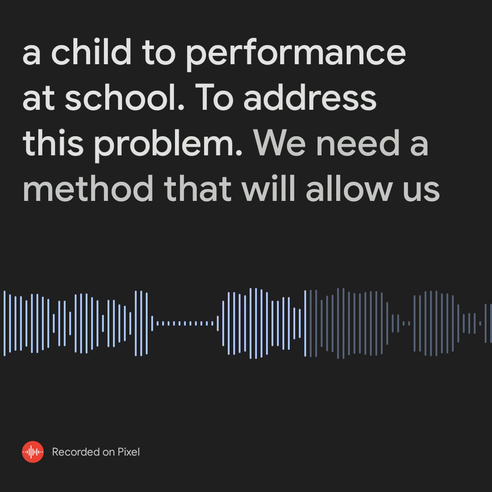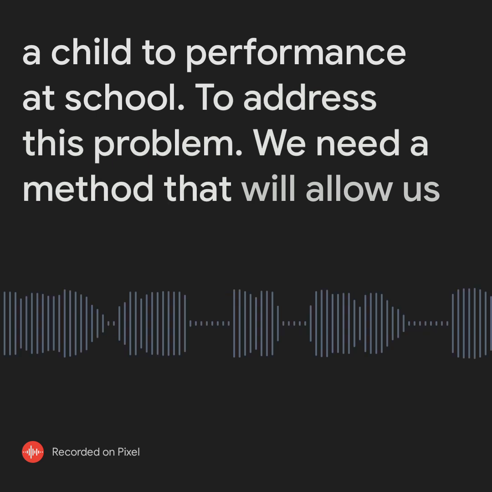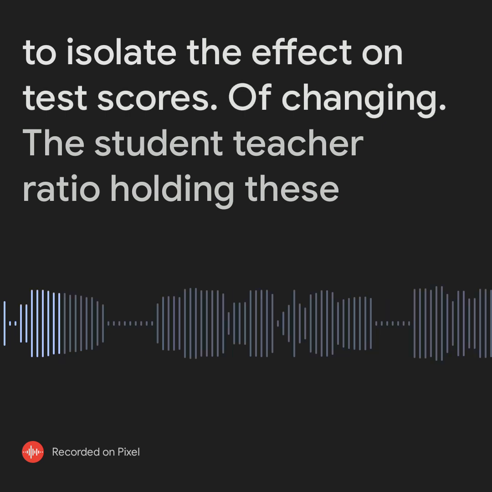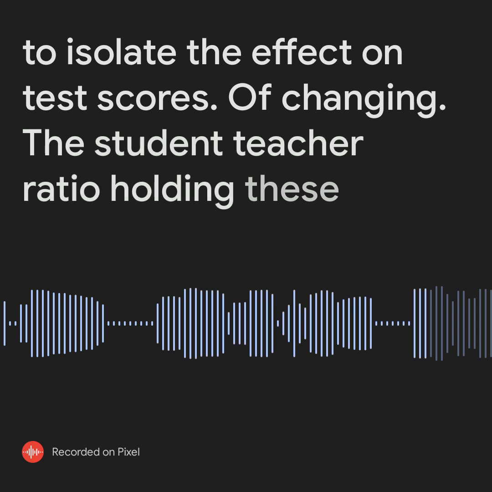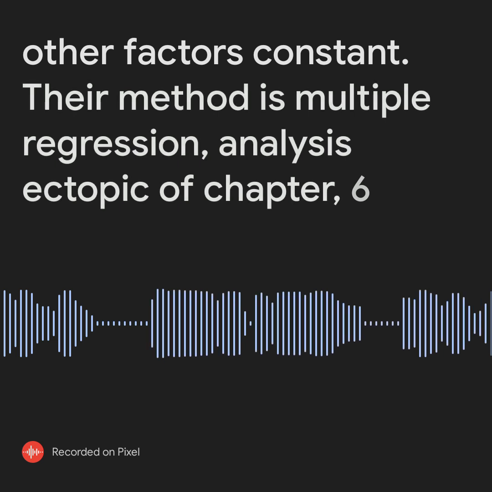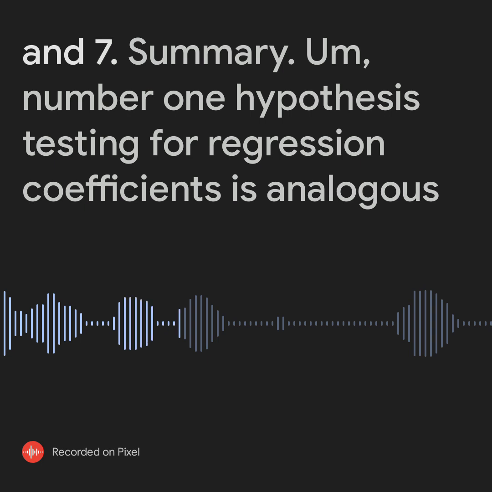To address this problem, we need a method that will allow us to isolate the effect on test scores of changing the student-teacher ratio, holding these other factors constant. That method is multiple regression analysis, the topic of chapters 6 and 7.